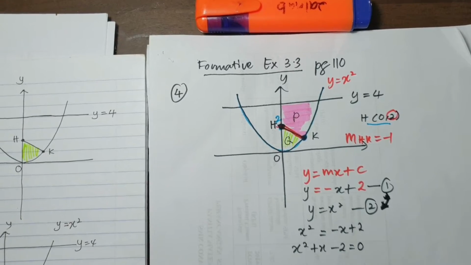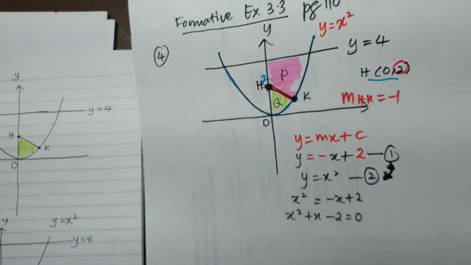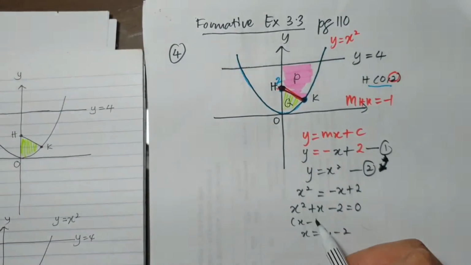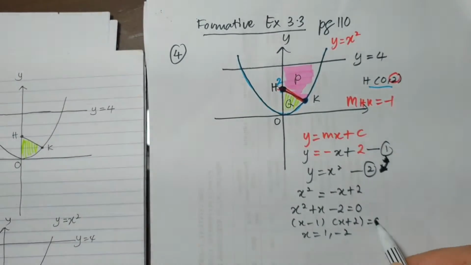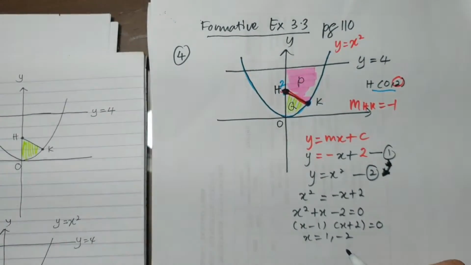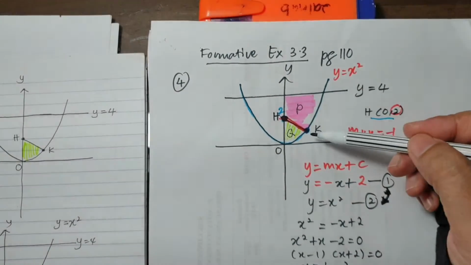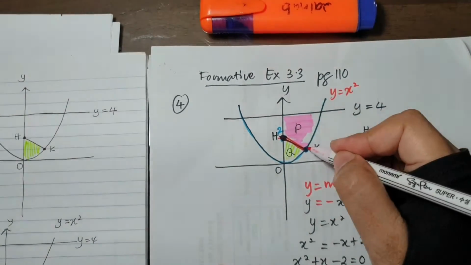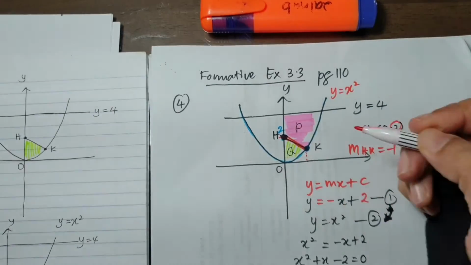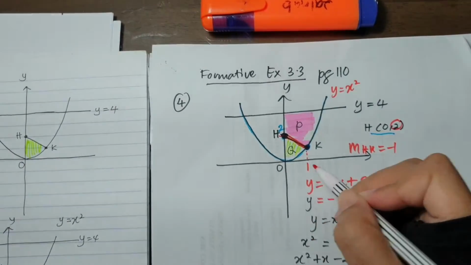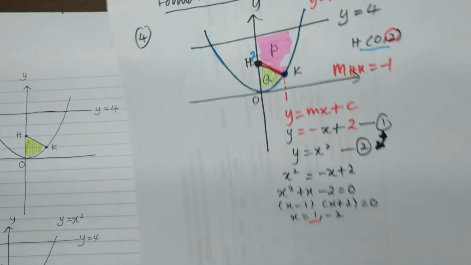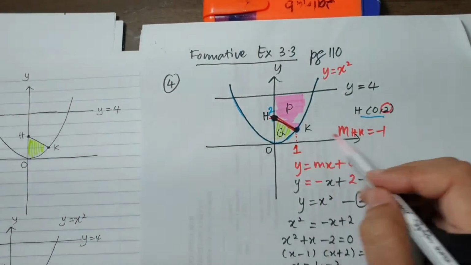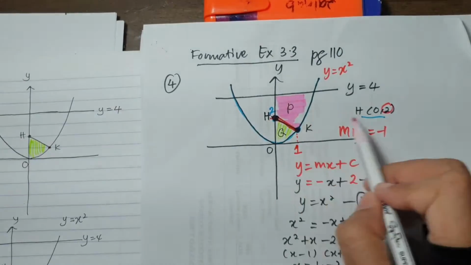If you use a calculator, you'll get the value of x is 1 and -2. So x minus 1, x plus 2 equals 0. The point K is on the right, so of course we take x as 1, because the point K is on the positive x-axis, lying here on the right.